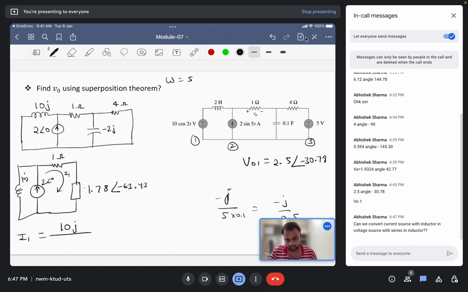So that is 1.78 angle minus 63.43 plus 1 ohm plus 10j, which is 8.6 angle 77.9, and this is to be multiplied with the total current, that is 2. So 10 into 2 is 20j divided by the answer. So this comes out to be 2.